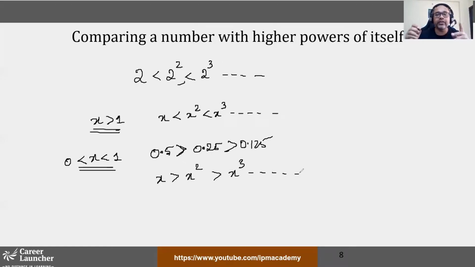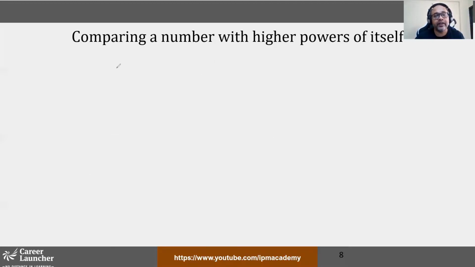So again, when you're dealing with variables, you can't always say that a higher power of x will always be greater than x itself, because when x is greater than 1, it behaves in one way, and when x is between 0 and 1, it behaves in the opposite way. Now, what happens when x is negative? Let's take a look. Let us say x is between 0 and minus 1.